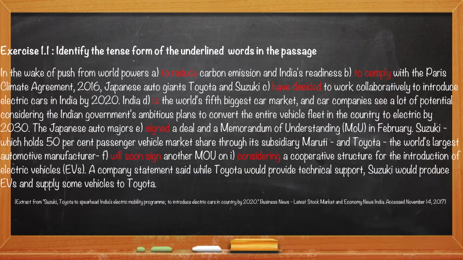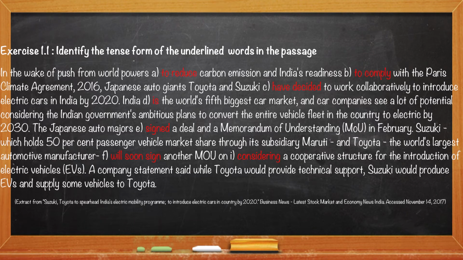Now, look at this particular exercise. Identify the tense form of the underlined, or in this case highlighted in red, words in the passage. In the wake of push from the world powers to reduce carbon emission and India's readiness to comply with the Paris Climate Agreement 2016, Japanese auto giants Toyota and Suzuki have decided to work collaboratively to introduce electric cars in India by 2020.